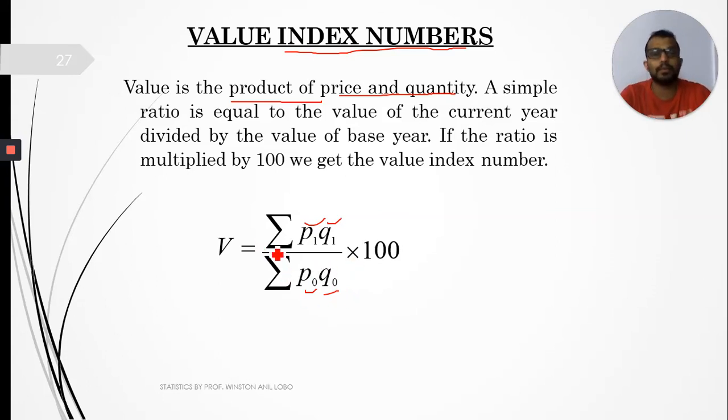So that is the value index number. Summation P1 Q1 by summation P0 Q0 into 100. Take the totals, divide current year by base year into 100, you will get the value index number.